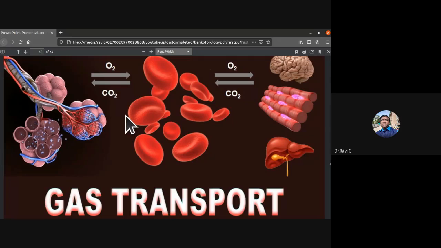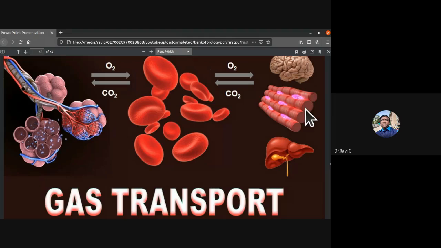How is this oxygen transported? In what form? Majorly, it is transported in blood as oxyhemoglobin. Each hemoglobin can have four molecules of oxygen attached to it. Whenever they reach the tissues, the oxyhemoglobin releases the oxygen and becomes hemoglobin.